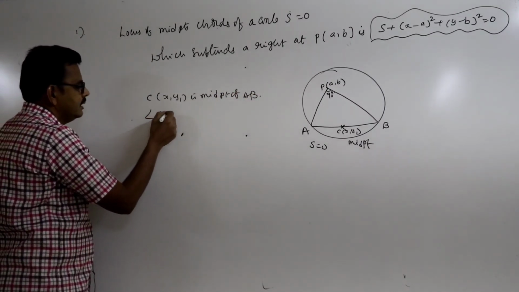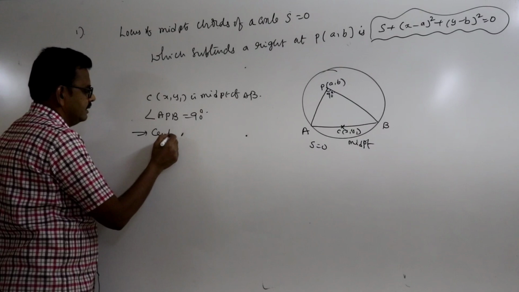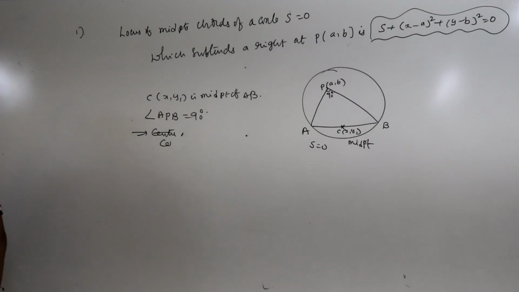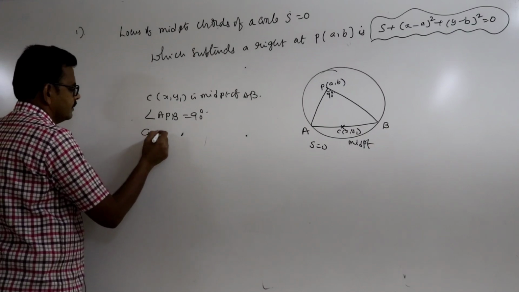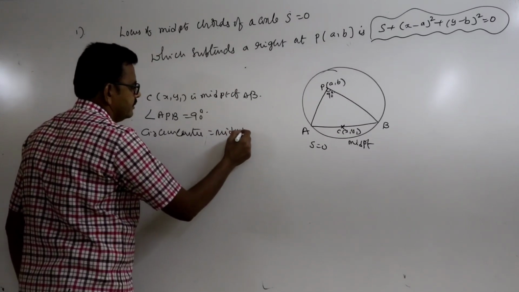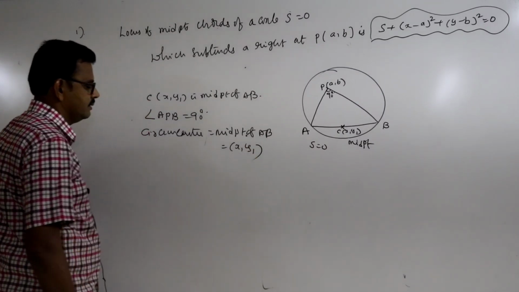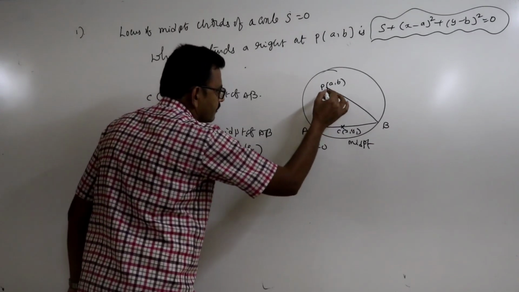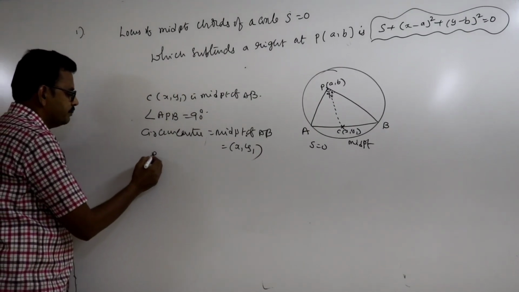Since angle APB is 90 degrees, the circumcenter is the midpoint of the hypotenuse. Circumcenter is equal to the midpoint of AB, which is x1, y1.